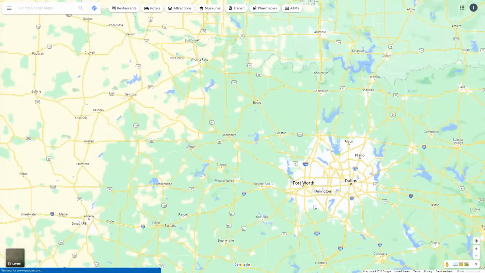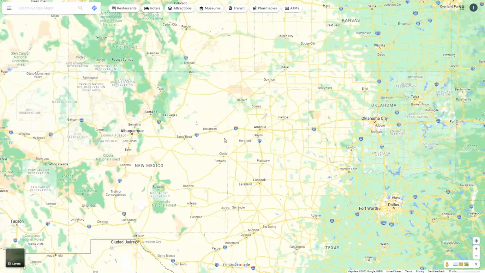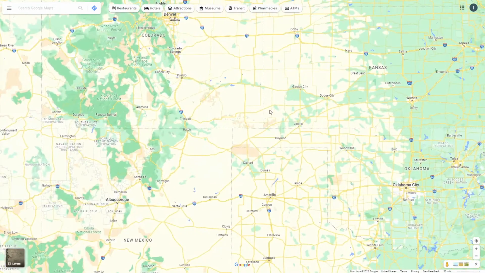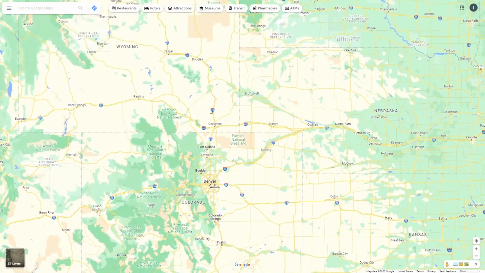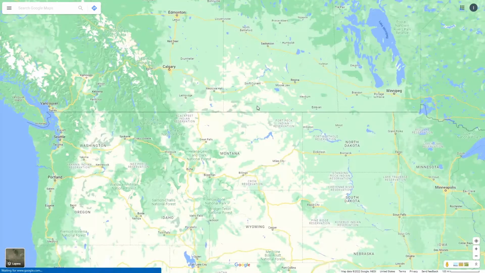Interstate 30, where is it? Right here. There's Interstate 30. Interstate 40 is right there. There's no 50, and there's no 60. There's Interstate 70, Interstate 80, and Interstate 90, and that's the farthest they go.